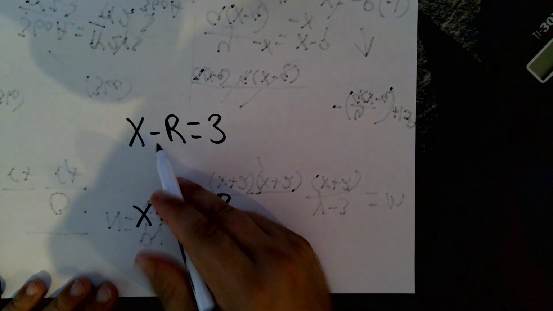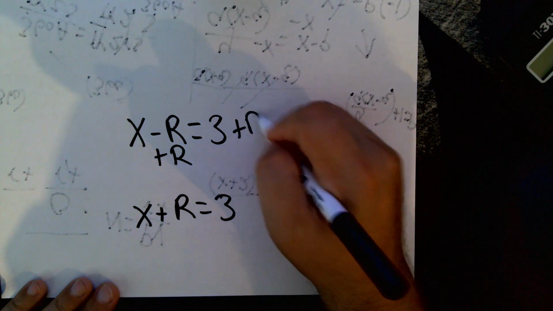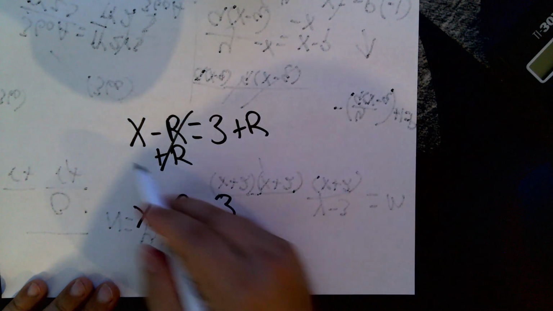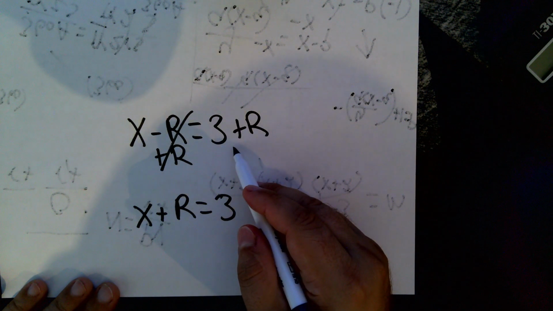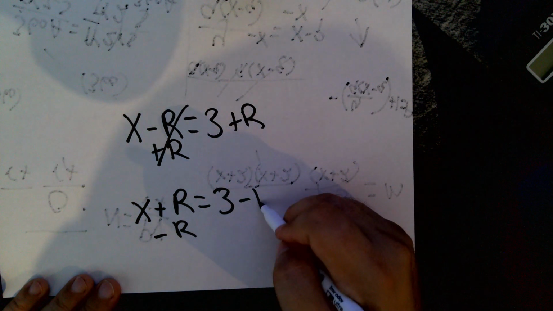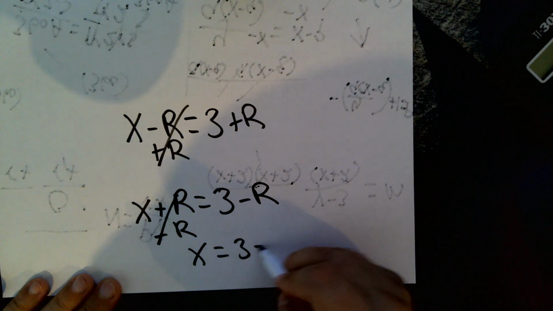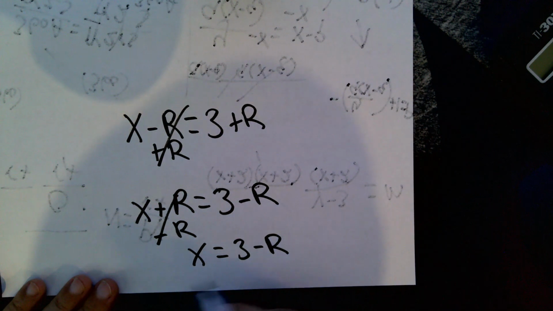It doesn't matter that it's a variable. To undo subtraction, you do addition. So x is 3 plus r. To undo addition, you do subtraction. x is 3 minus r.